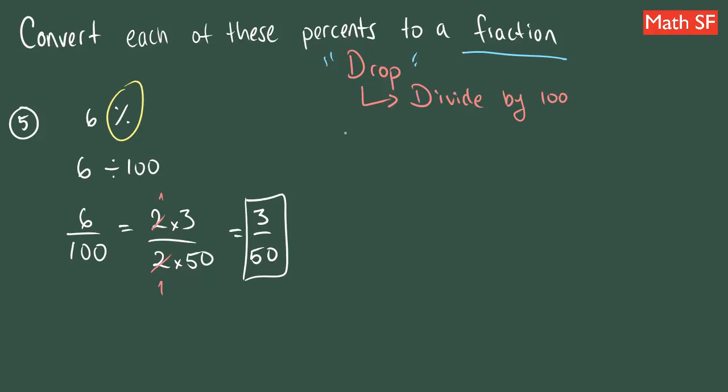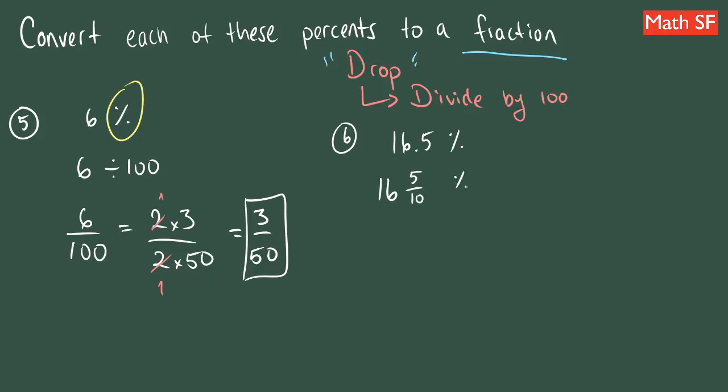Now, problem number 6. They also want you to convert this into a fraction. But wait a minute. 16.5 is not a fraction. So you first need to convert the decimal into a fraction. So 16.5 should be 16 whole and 5 tenths.